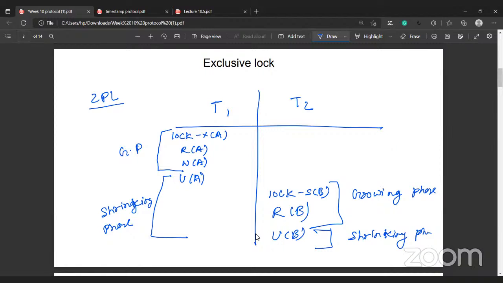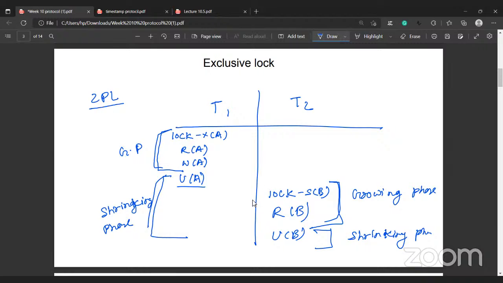So the transaction has two phases, growing phase and shrinking phase. After the shrinking phase, there is no growing phase. After the unlocking, there is no growing phase, and in transaction T2 also, after the shrinking phase there is no growing phase. So does this follow 2PL? Yes, this follows 2PL.